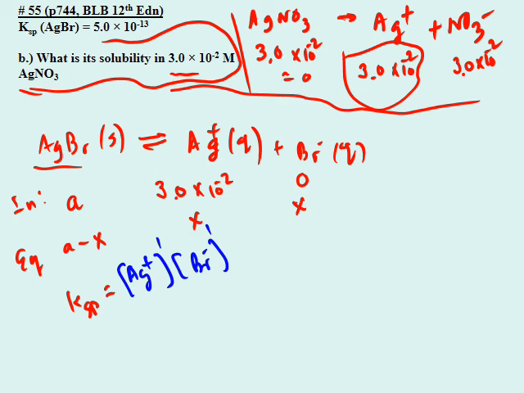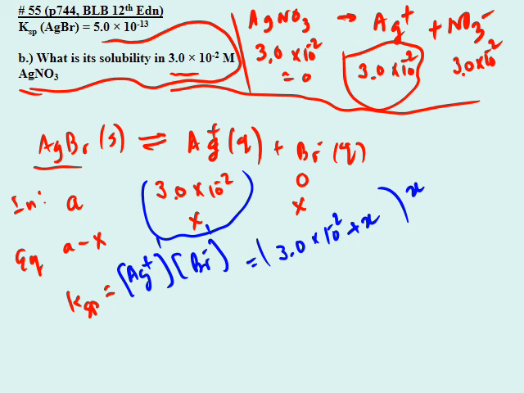So I would have silver plus concentration, I can put down now, 3.0 times 10 to the negative 2 plus X. That's the total quantity we have at the equilibrium, times X. And we already know the KSP value, which is 5.0 times 10 to the negative 13.